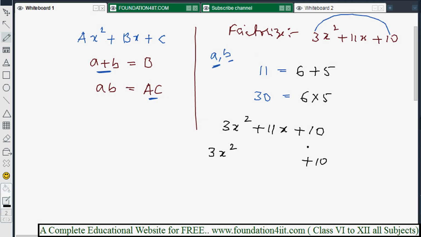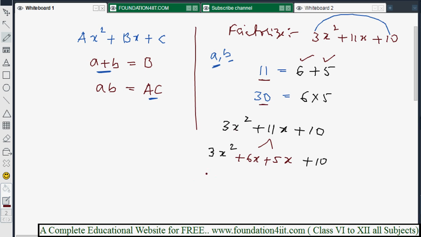Only the middle term, the x term, we need to split into two parts, 6 and 5. So plus 6x plus 5x. 11x I can write as 6x plus 5x. 6 plus 5 is the x coefficient, and 6 into 5 is 30, the x square coefficient into the constant.